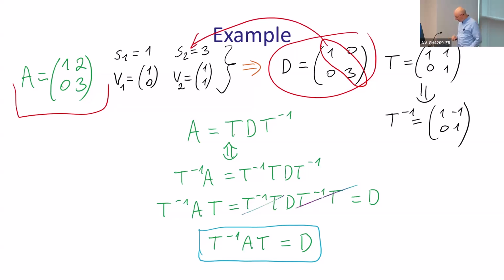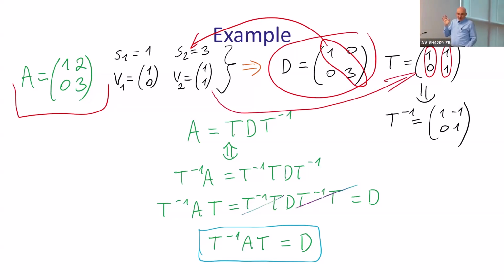And these columns will be practically the eigenvectors. You can normalize them if you want to, but you don't have to. They still will be orthogonal if the matrix is normal, but they do not have to be orthogonal. And in this case they are not, as you can see, right? The dot product between 1, 0 and 1, 1 is not 0. So they are not orthogonal vectors, and this matrix is not normal in that sense.